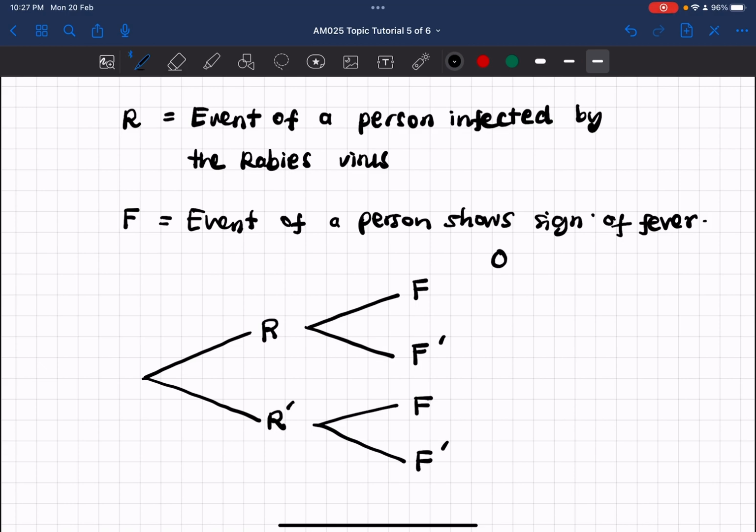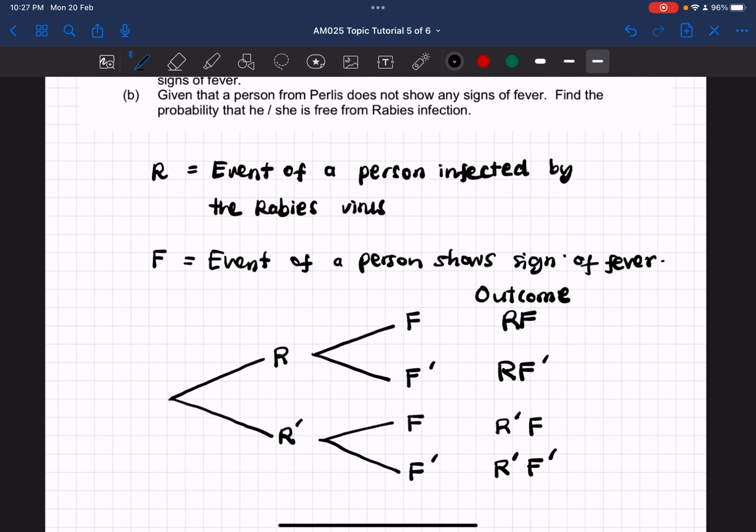Now let's write down the outcomes. The first outcome is going to be RF, R and the complement of F, complement of R and F, and complement of R and complement of F. So now let's read again.